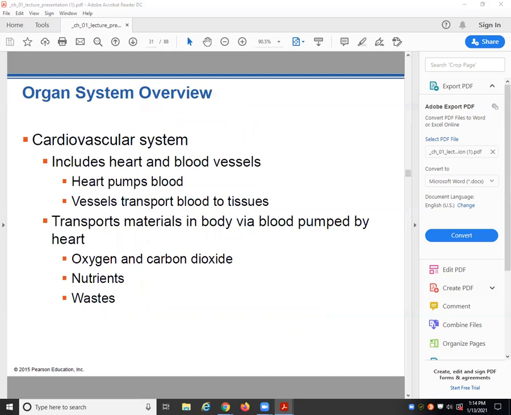Okay, cardiovascular system. It's your heart and your blood vessels. What does your heart do? It pumps blood. What do the blood vessels do? They transport that blood that was pumped into them to the tissues.